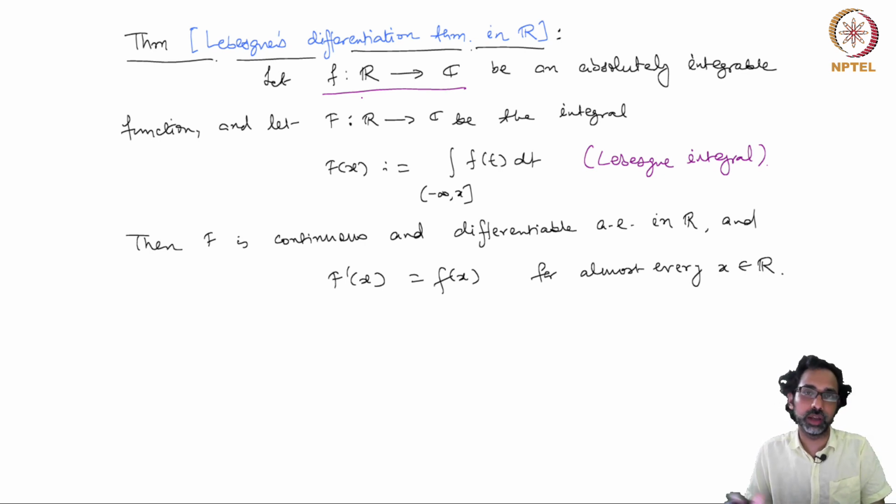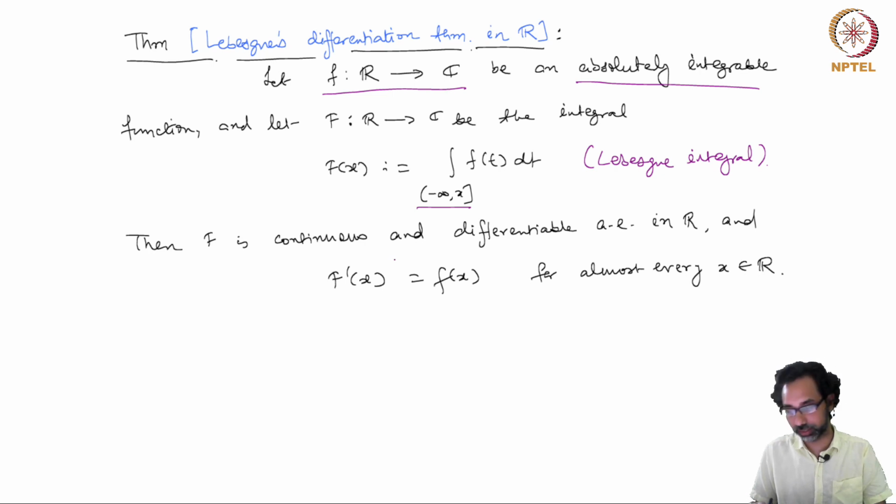So we are free to choose unbounded domains, and so we choose a complex valued measurable function which is absolutely integrable over R. And now we define this capital F function as before, which is the integral of f(t) over the interval minus infinity to x. And this is now a Lebesgue integral.